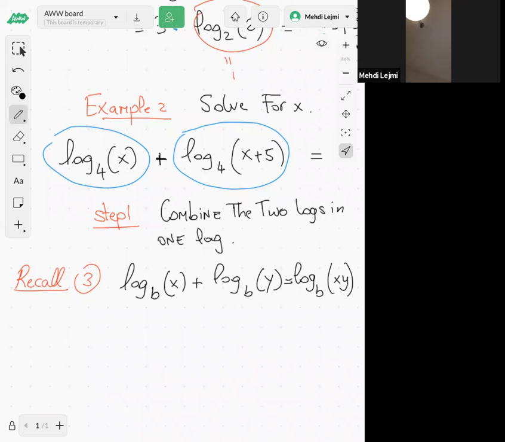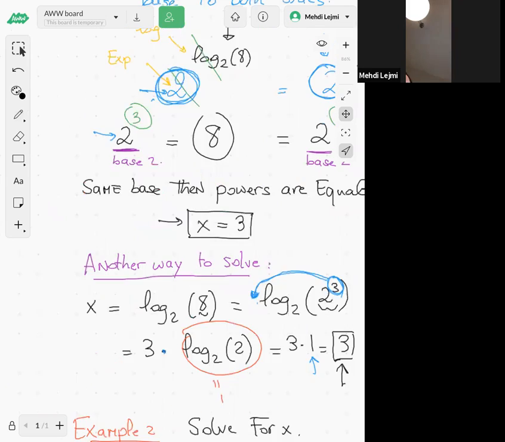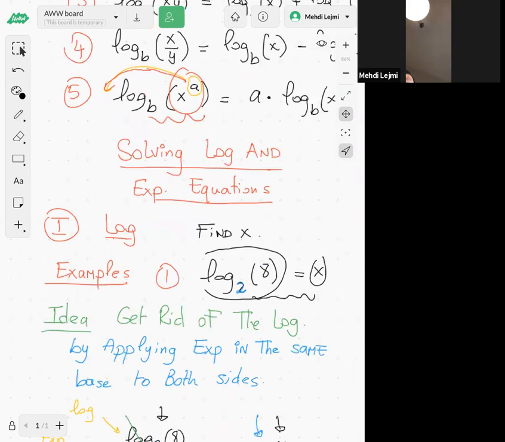Okay, this was property number 3 for the log. If you have a sum of the logs, then that will be the log of the product. This is exactly this property here, number 3.